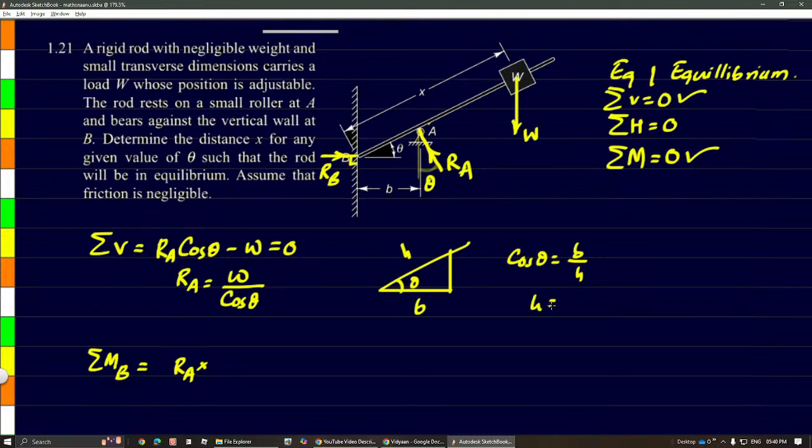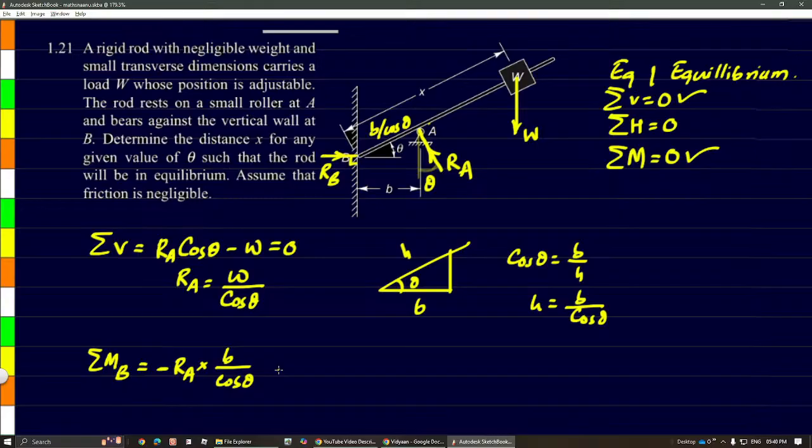So h will be equal to b divided by cos of theta. So this length here will be b divided by cos of theta. So RA times b divided by cos of theta, this will have to take, and because this is going to rotate it in an anti-clockwise direction, so we'll just take it as negative.